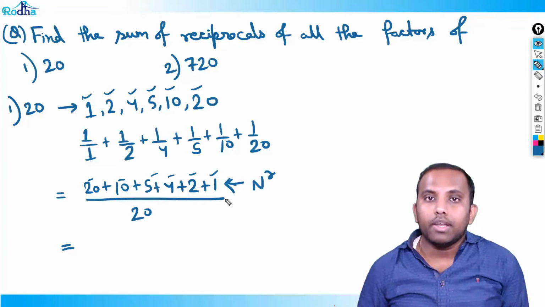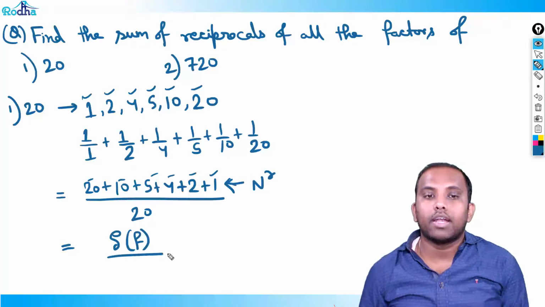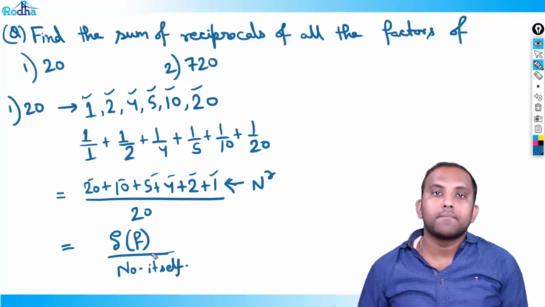So in the numerator, it is always the sum of the factors, right? And in the denominator, it is the number itself, because 20 is the number itself. Correct.